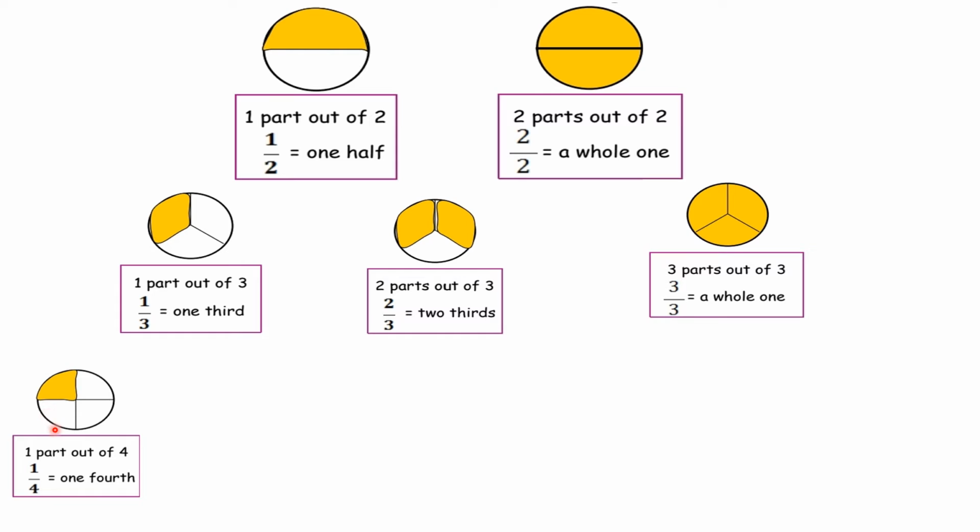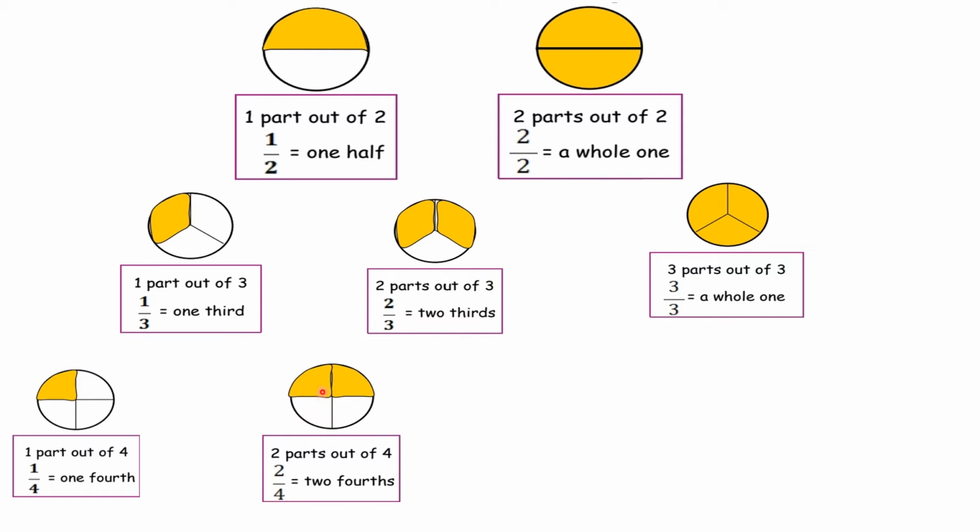And I have here a circle divided into 4 equal parts, and I colored only one part out of 4. So I have 1 out of 4, this is called 1/4.